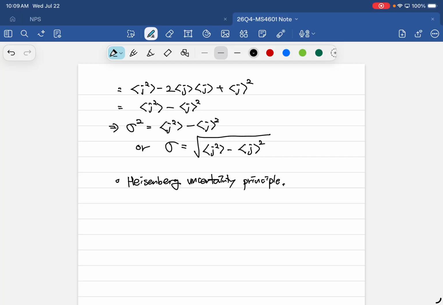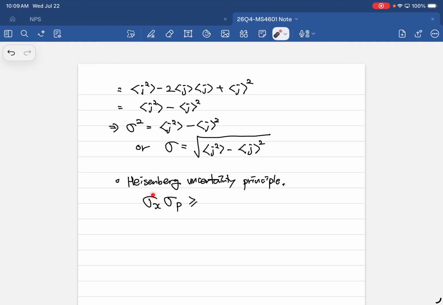It's a lengthy process to derive and prove that, so I'm just going to state it as given. The Heisenberg uncertainty principle states that the standard deviation of position multiplied by the standard deviation of momentum must be equal to or larger than h bar over 2. So when we multiply these two values, it has to be equal to or larger than this value.